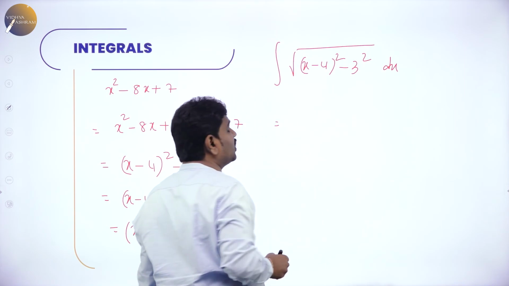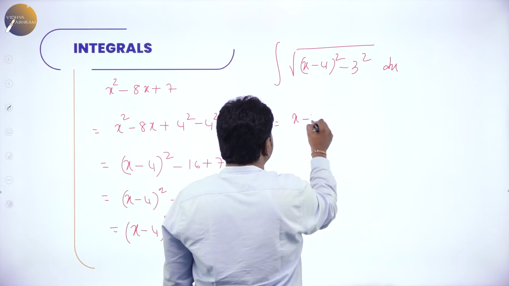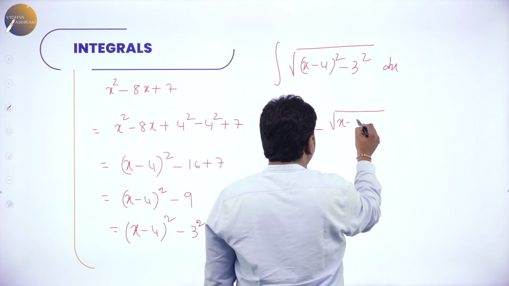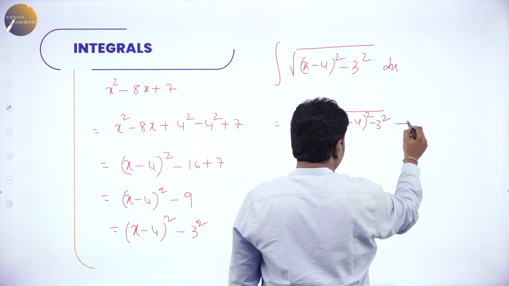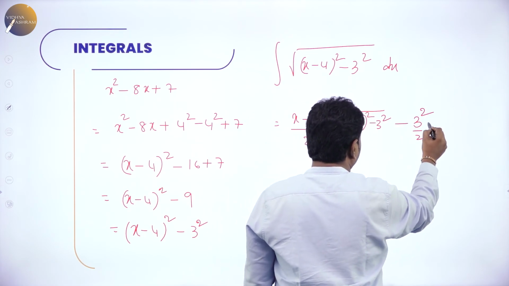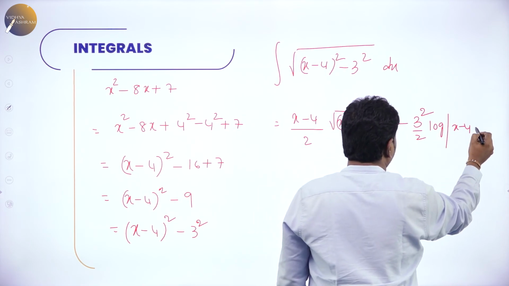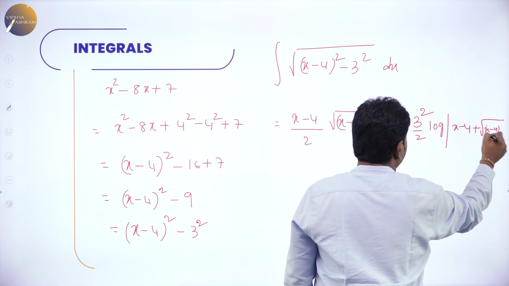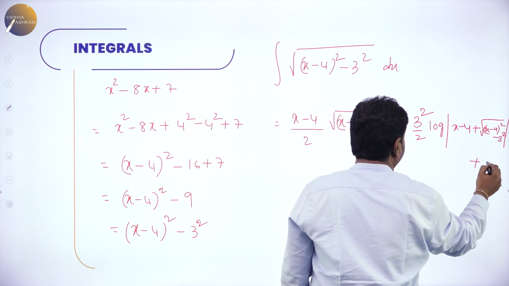Now it is in the form of integral of root of x square minus a square dx. So what is the answer for this? X by 2 means x minus 4 by 2 and root of x minus 4 the whole square minus 3 square, minus a square by 2, 3 square by 2 log of mod of, in the place of x we have x minus 4, plus root of x minus 4 the whole square minus 3 square, plus c.